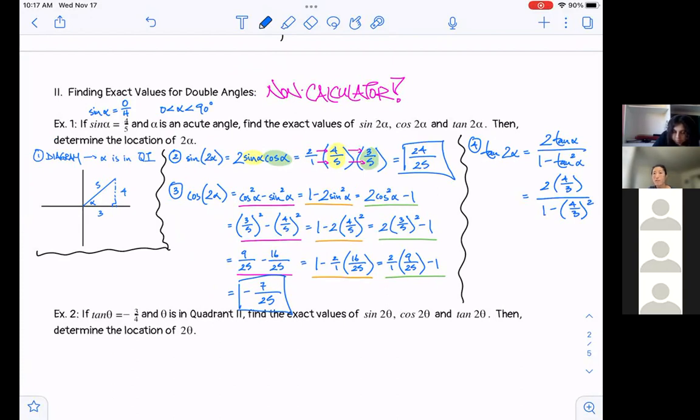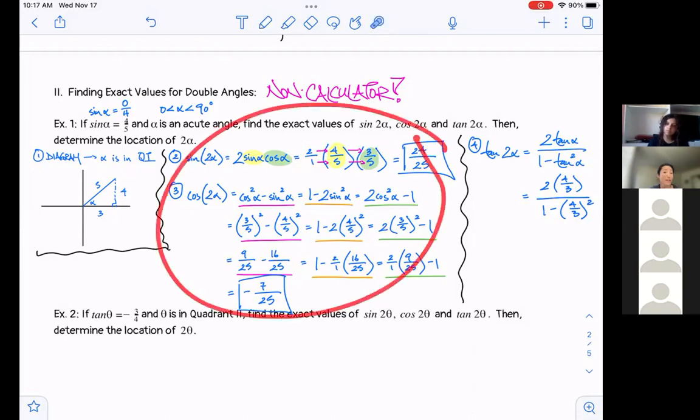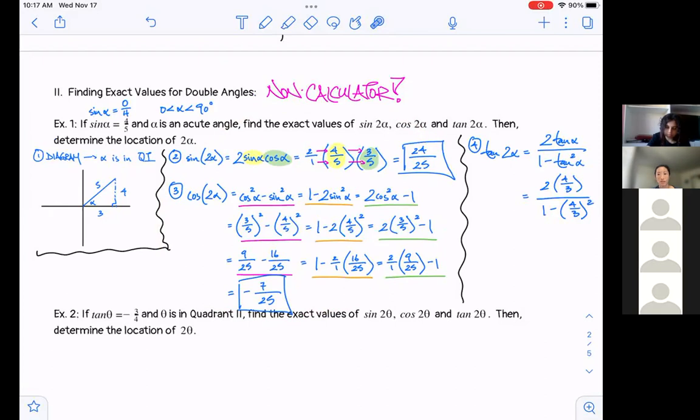And I argue that there is a more efficient way to answer this question. In fact, if we have sine and cosine, we already have our answer for tangent. What do we know about how sine and cosine relate to tangent?